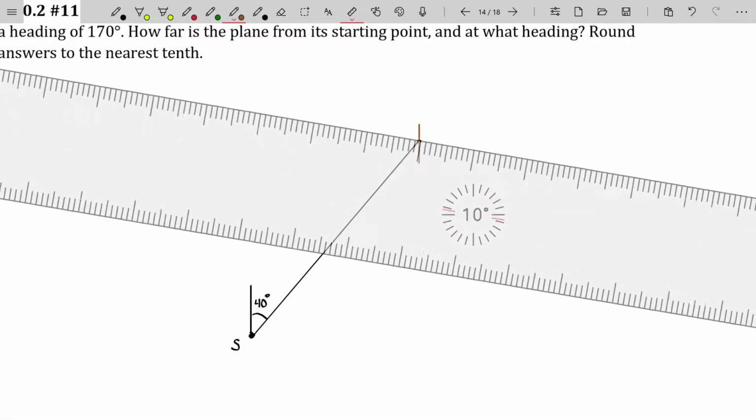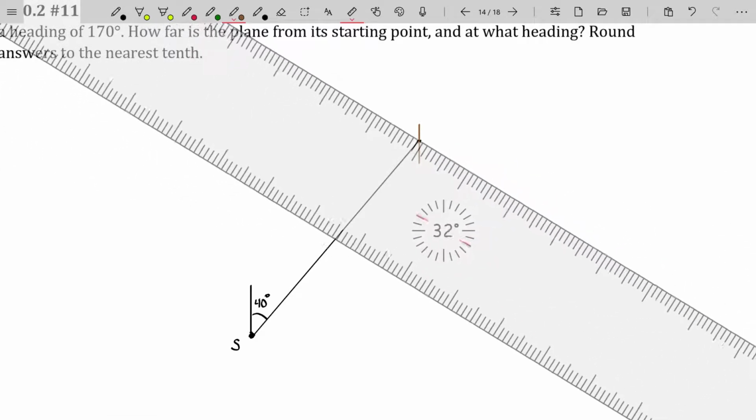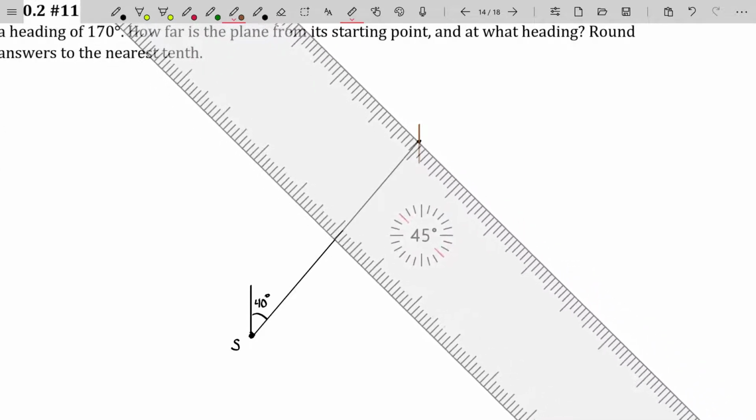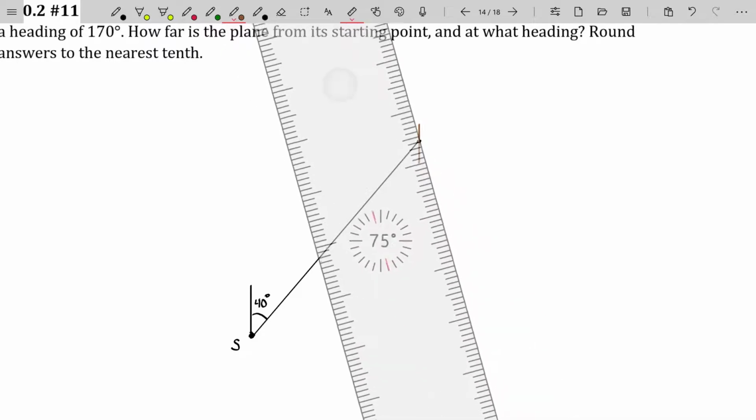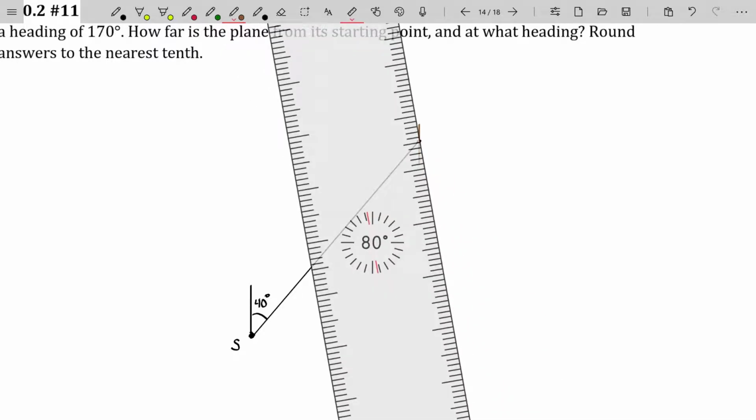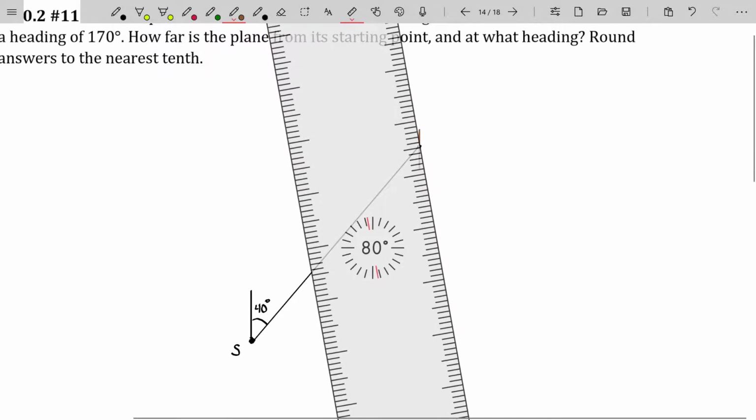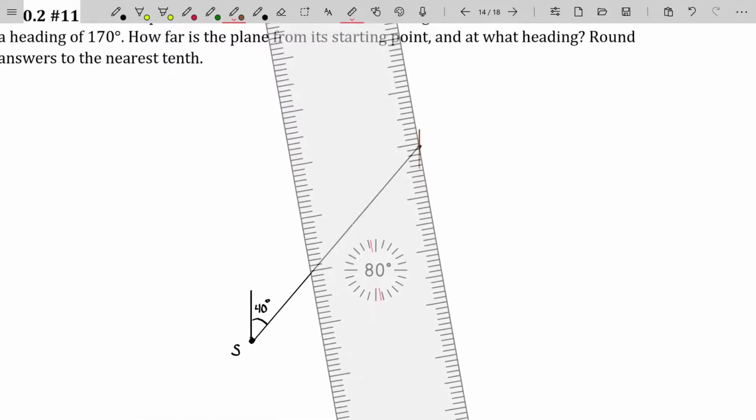That would get this plane to face all the way over to here. Let me keep going, right about there. If you see that 80 degree angle, that's 90 plus 80, so that's 170. Then it's going to travel for, I forget how many miles. Let me look up here: 180 miles. So let me go ahead and measure that out.